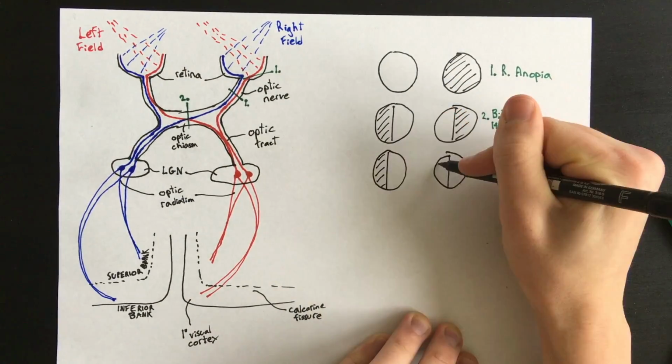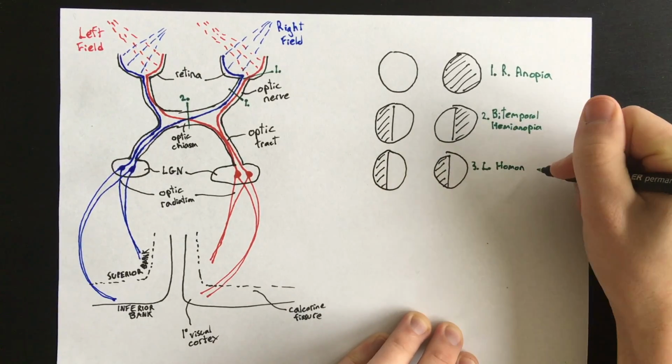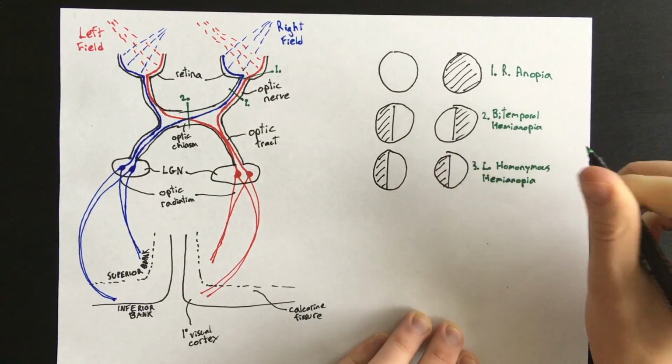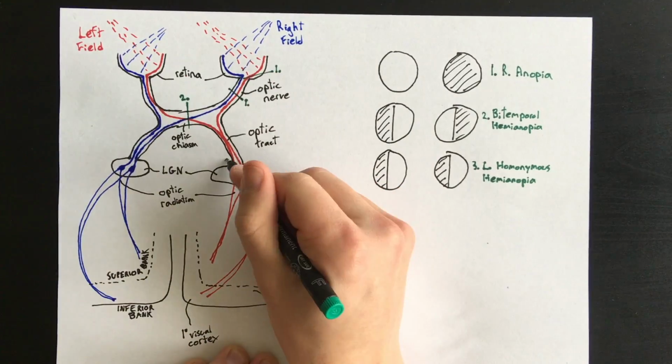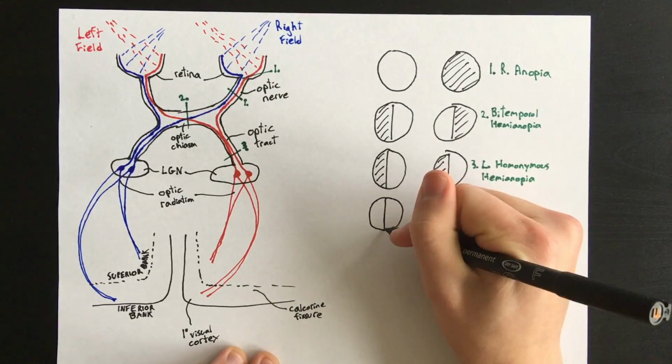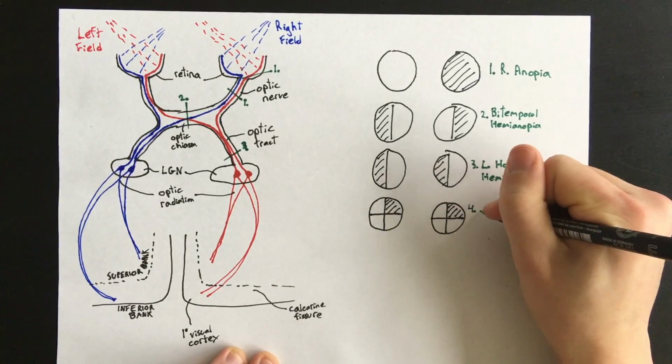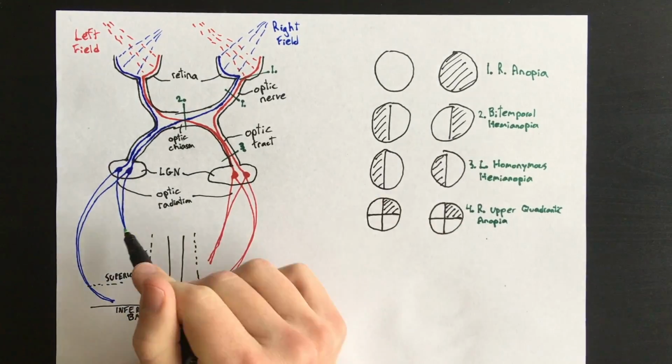Damage to the optic tract causes a homonymous hemianopia in the opposite side's field of vision, and damage to the optic radiation towards the inferior bank causes a quadrantanopia of the upper field of vision.